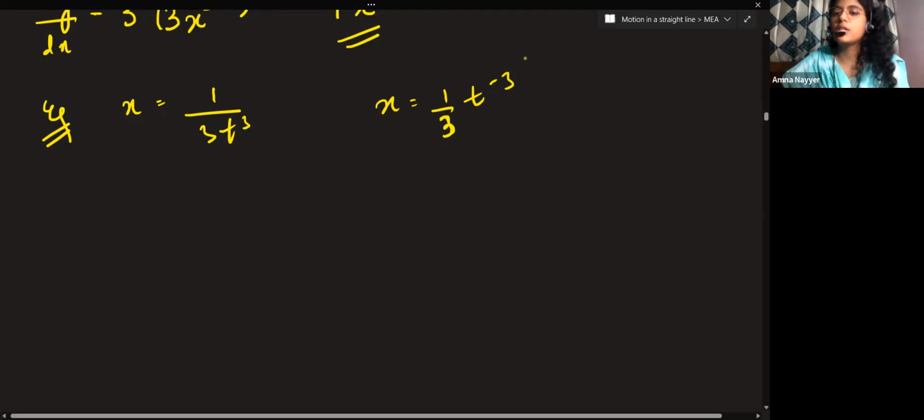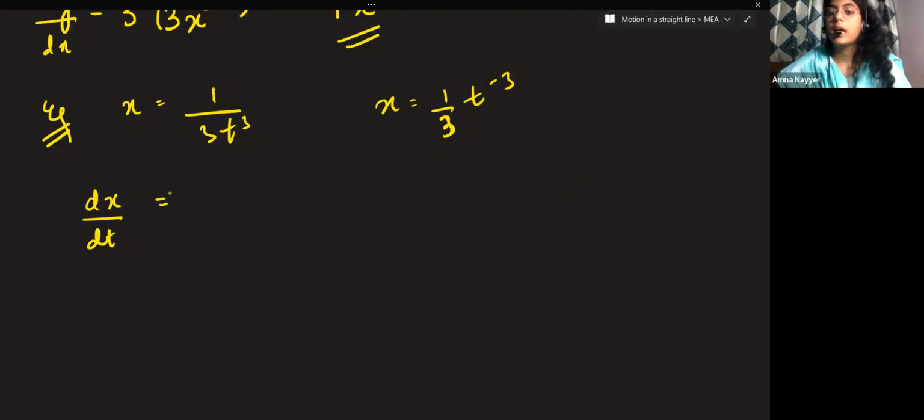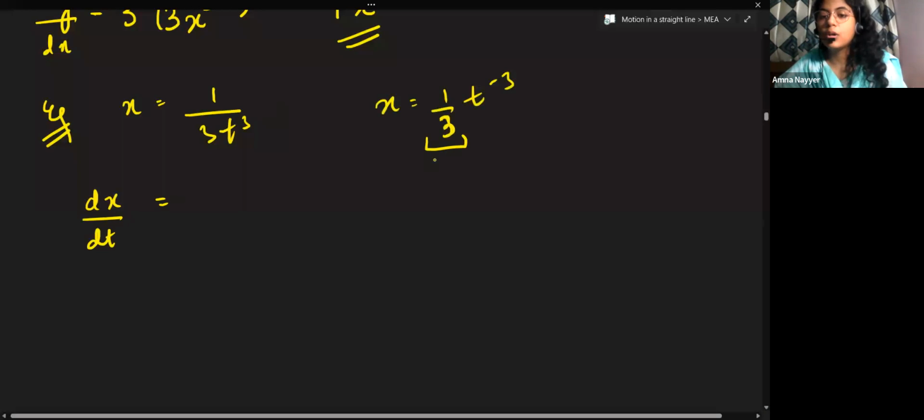So this is our question and we have to differentiate it. Now differentiation is dx over dt. We have to differentiate it this way. Now 1 by 3 is a constant over here, and t to the power minus 3 is your function. So it's a case of product of a constant and a function.